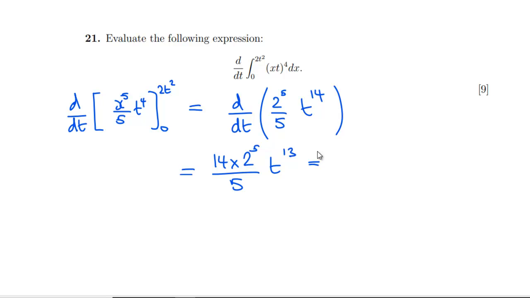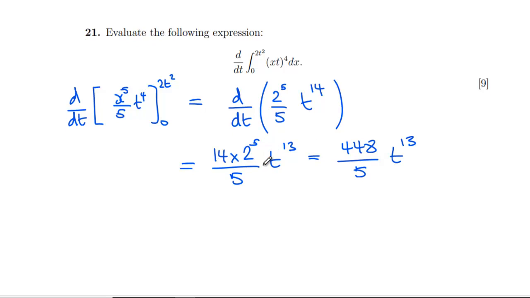Wow. So 2 to the 5 is 32, isn't it? So it will be 480 minus 32, which is 448 over 5 times t to the 13. Right, they've gone back to the easy stuff again on these.